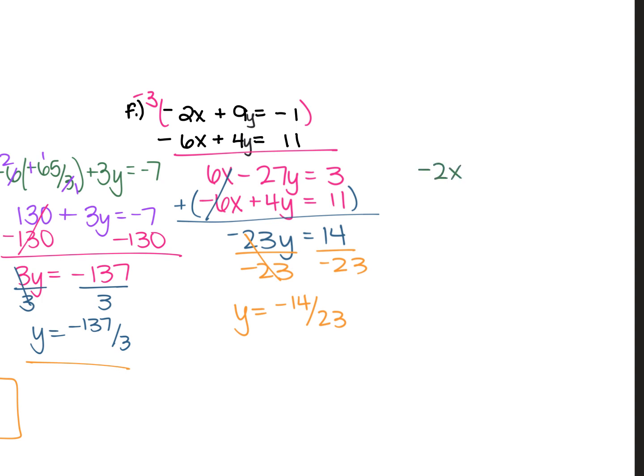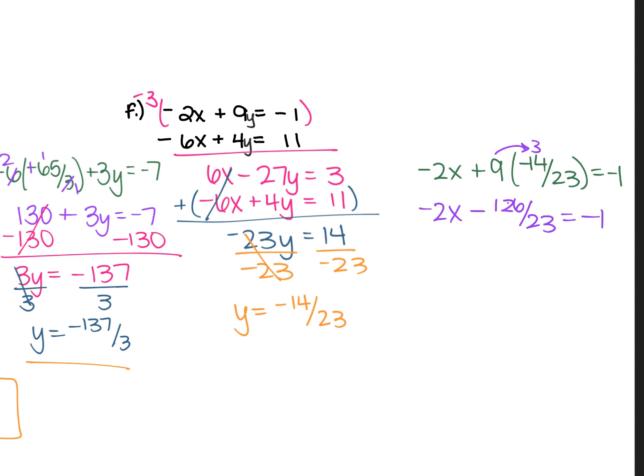So I have -2x plus 9 times -14 over 23 is equal to -1. Multiply your 9 by your -14. Keep it over 23. That's going to give you -2x minus 126 over 23.